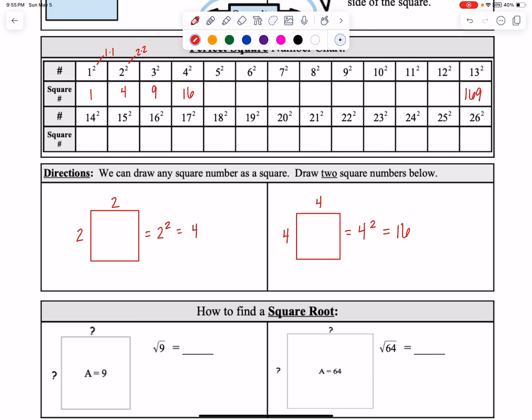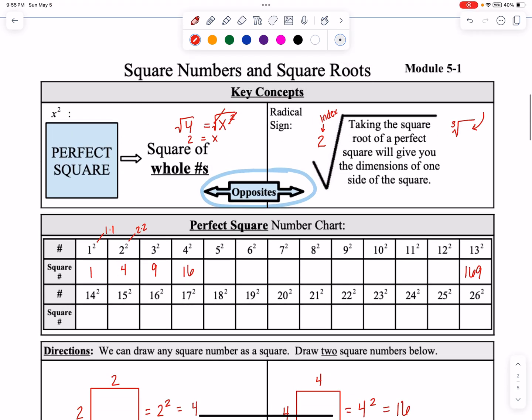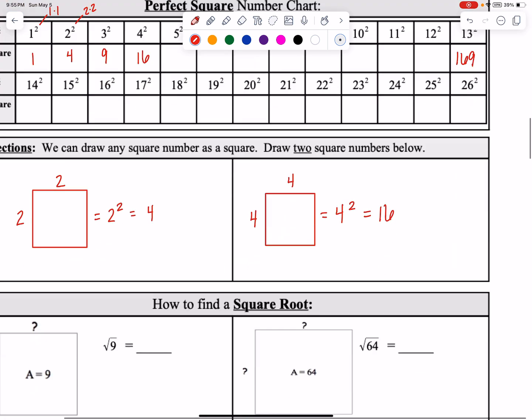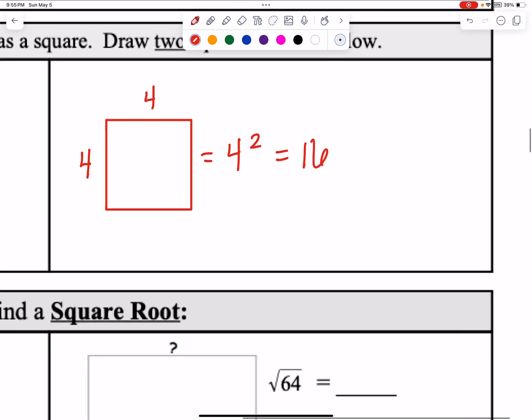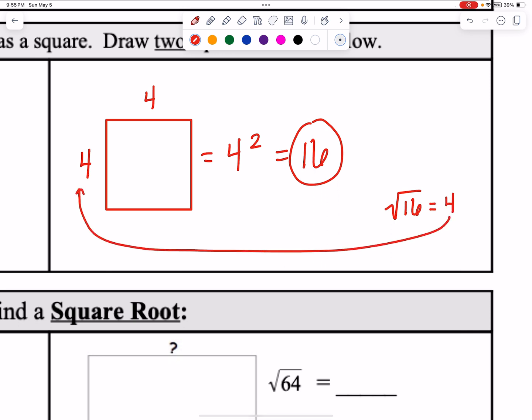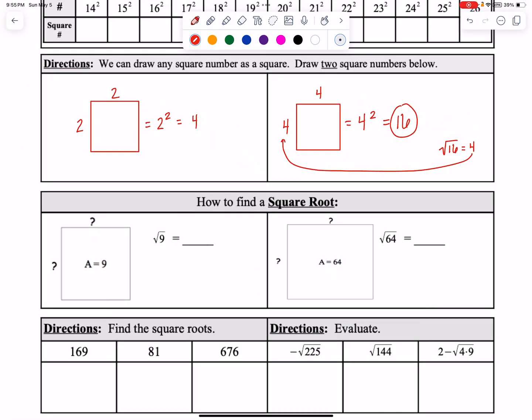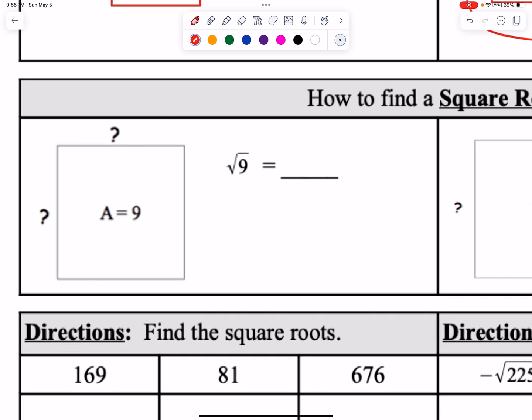Now, one of the things that we want you to be aware of, if we take a look up here, it says taking the square root of a perfect square will give you the dimensions of one side of the square. So take a look at what that means. I have 16 here. If I take the square root of 16, that equals 4, which is one side of the square. So just be aware of how that works and what it's giving you from a visual standpoint.